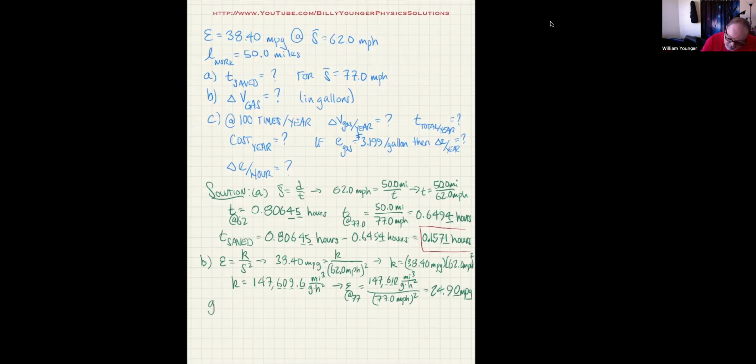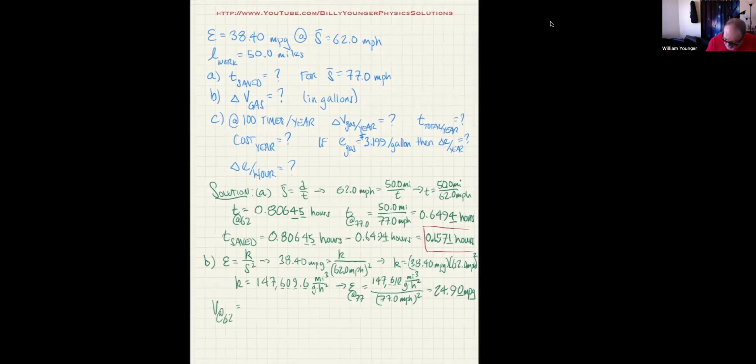Gallons, or excuse me, we ended up using the symbol V. So I'll use the symbol V. So I'll say V at 62. Of course, the volume of the gas is basically just the number of miles divided by miles per gallon, because when you divide miles by miles per gallon, you end up taking the miles and multiplying it by the reciprocal of the unit, which is gallons per mile. So miles times gallons per mile just gives you gallons.